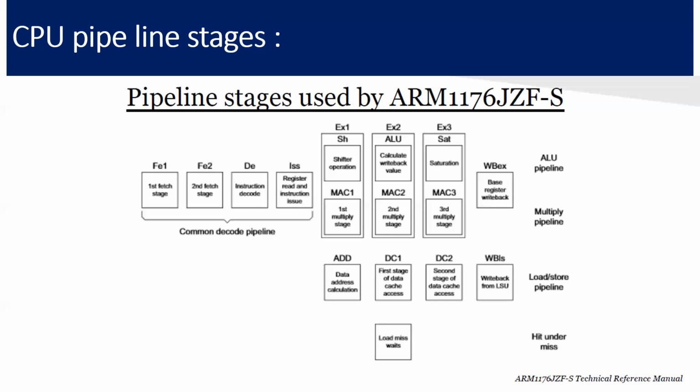So the pipeline goes like this. And if the number of instructions is very large, then almost at every clock pulse, one instruction is executed. So this is how parallelism is introduced into CPU pipelines.